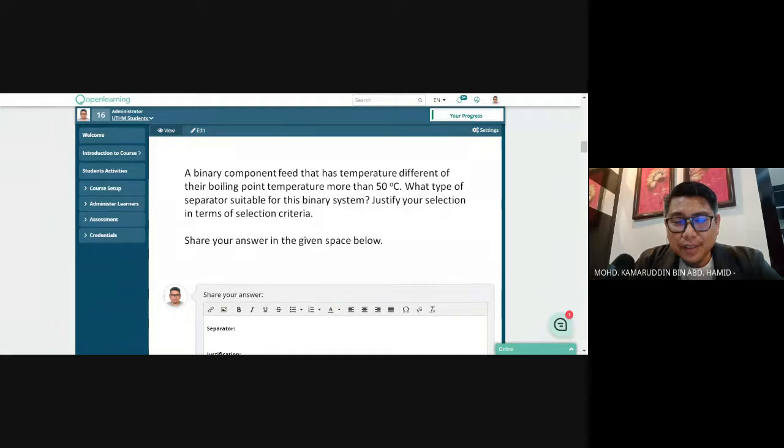But if there is a statement saying that both binary components are close boiling components, then what separator will you use?